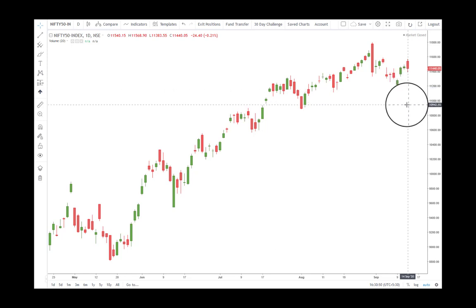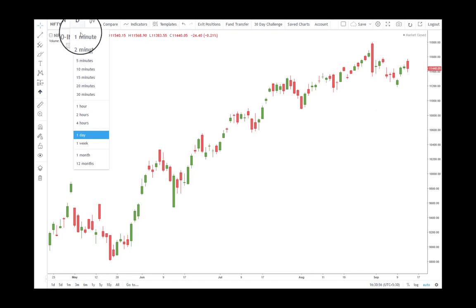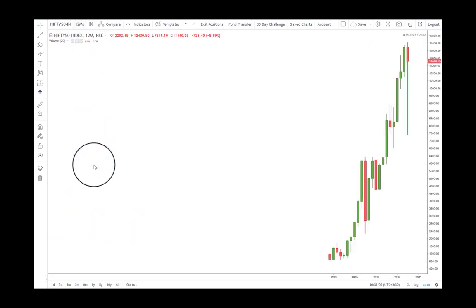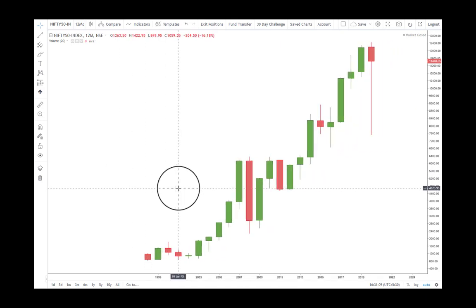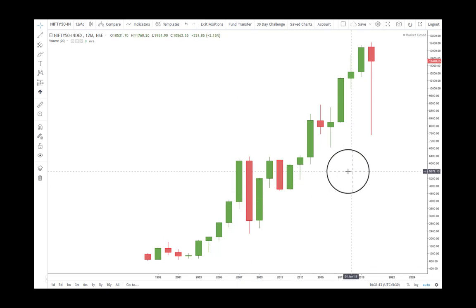Finally, let us conclude our discussion by selecting the longest possible time frame, that is the 12-month or the yearly time frame. Doing so would display the yearly time frame chart. In this case, each candle shows the price statistic for each year.